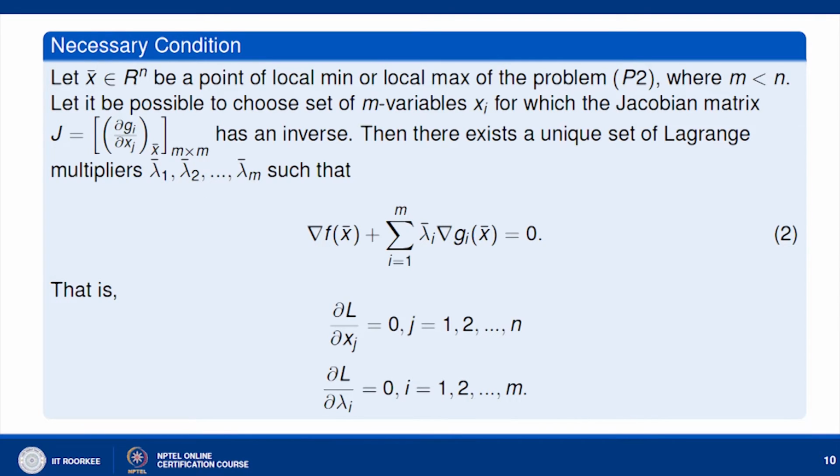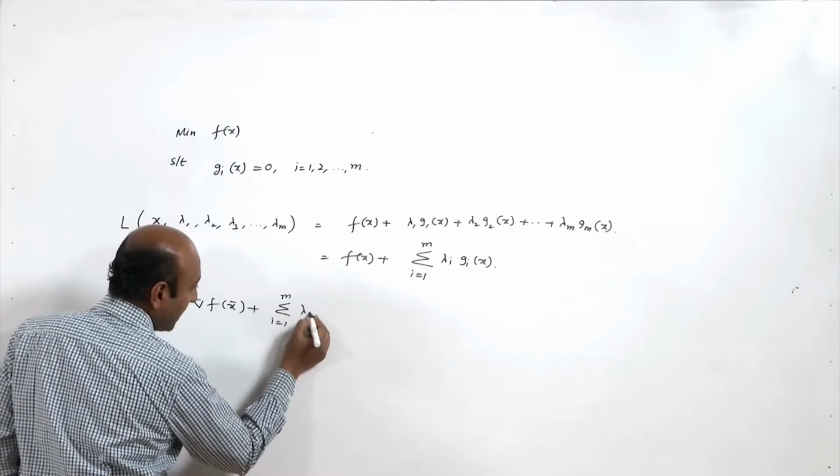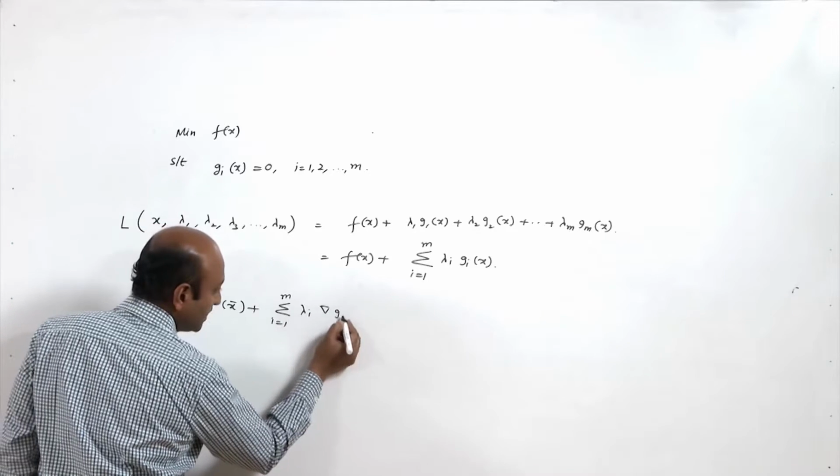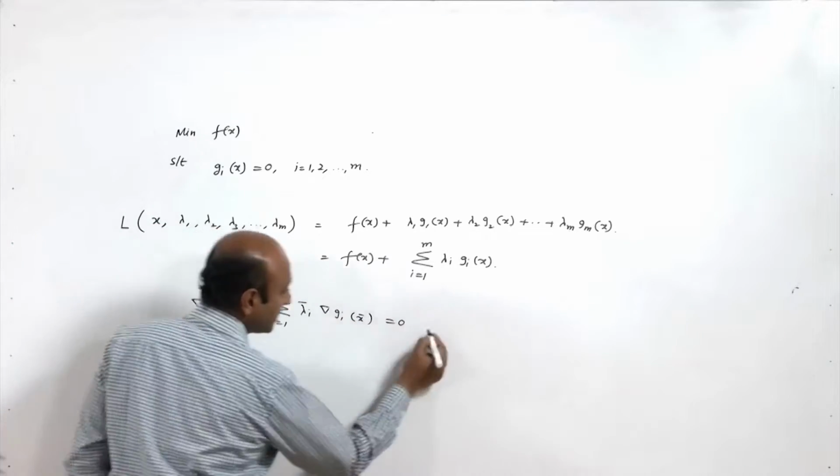Then there exists a unique set of Lagrange multipliers lambda 1 bar, lambda 2 bar and so on up to lambda m bar, such that this condition holds. The necessary condition is del f(x bar) plus summation i from 1 to m lambda i del g_i at x bar, with lambda bar, must be 0.